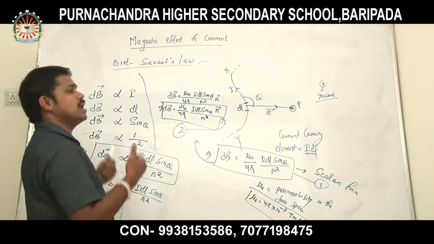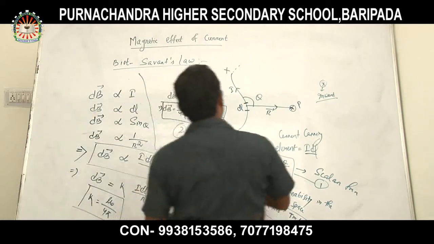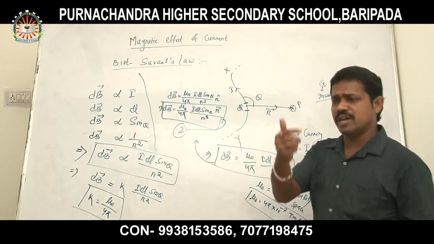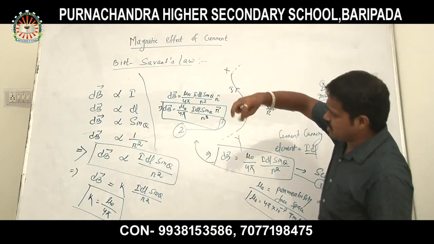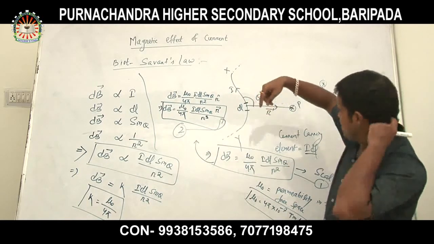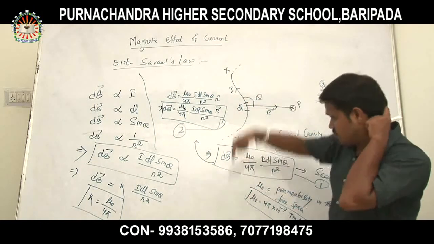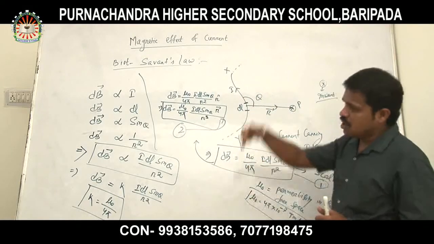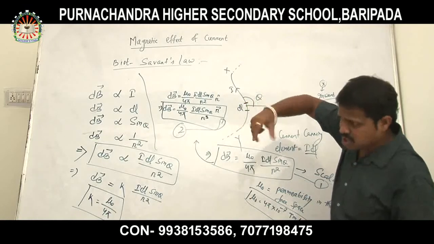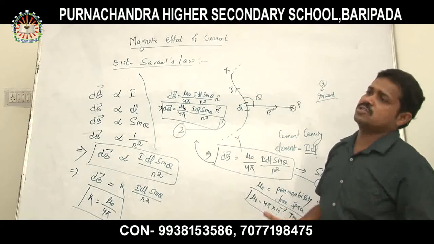If you apply the screw rule, all of you have observed a screw. If we move the pin of the screw in the direction of current, then the rotation of the screw gives the direction of the magnetic field.